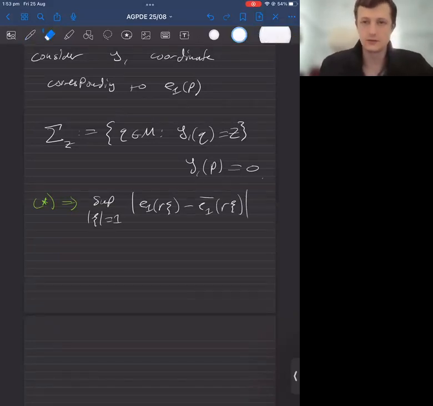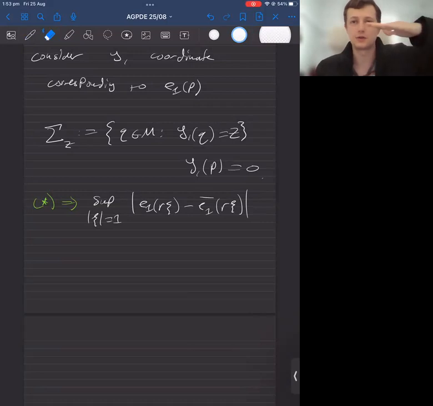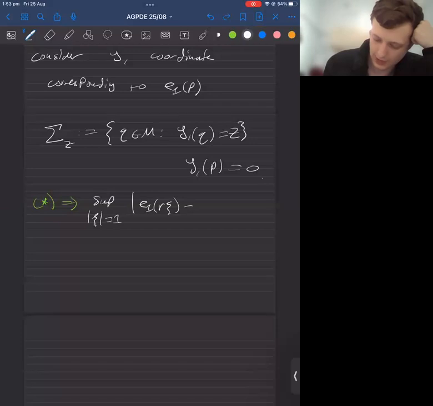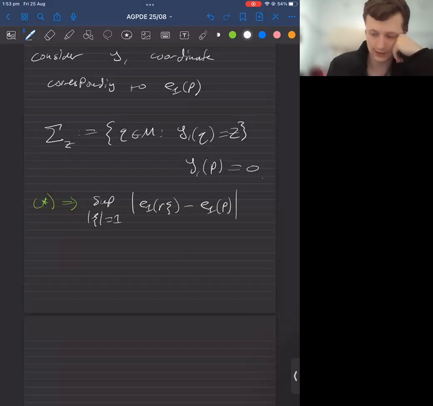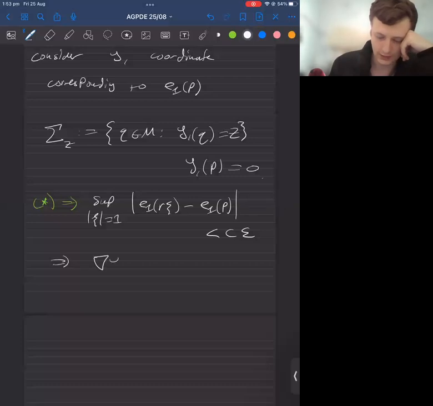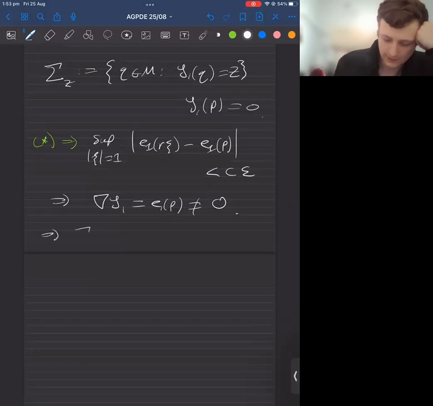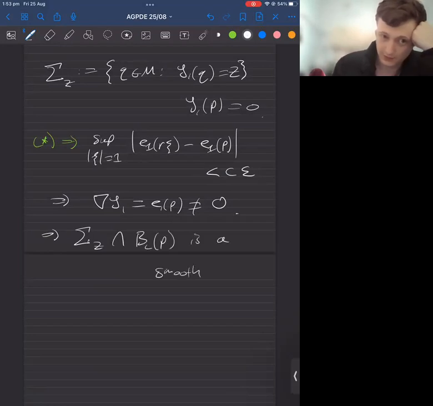However, E1 bar doesn't change because it's just the axial direction on the cylinder. So you just get E1 at P, and this is less than C epsilon. And so for epsilon small enough, that means that the gradient of y1, which is just E1 of P, is never going to be 0 in the ball. And that means that this level set, when I intersect it with BL of P, is a smooth hypersurface.